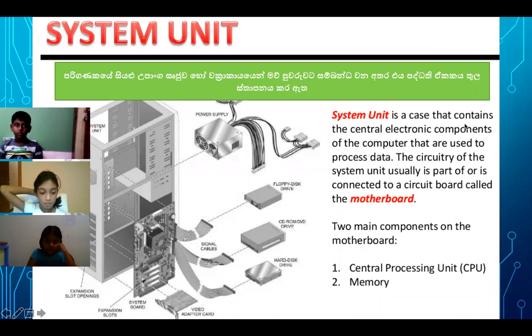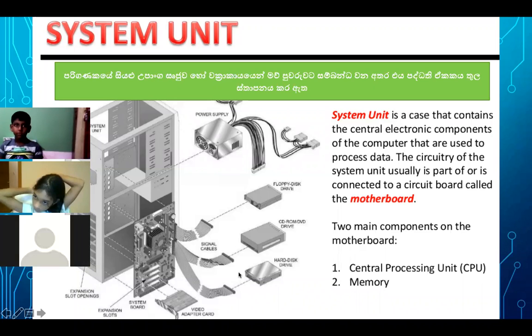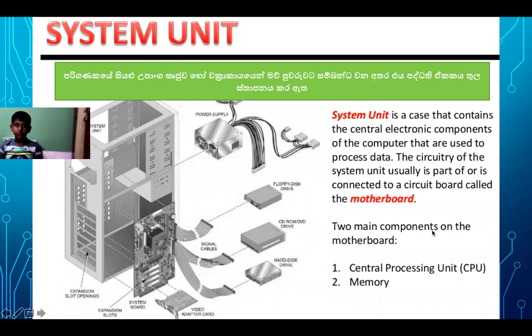So the system unit is the casing. Inside this casing, you have the power supply, motherboard, CD, DVD, hard disk, floppy drive, RAM, main memory, all are inside this system.